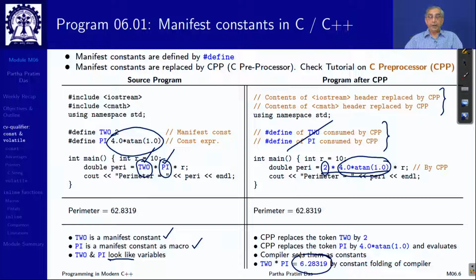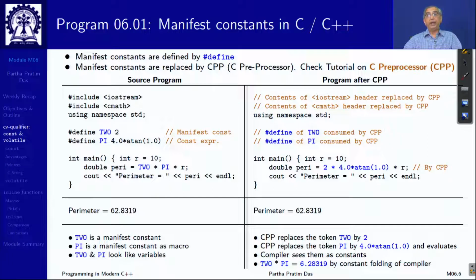So, that is where the basic problem of manifest constants lies, in the fact that they look like variables, but they do not behave like variables. Compilers never get to see them.